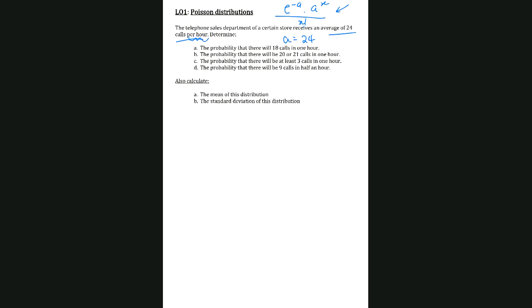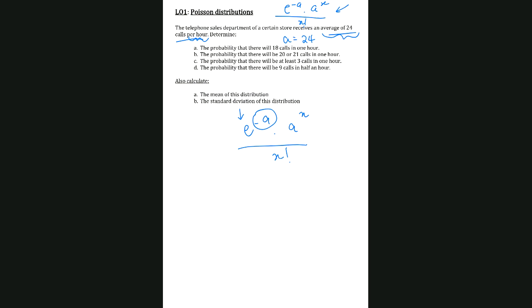So in this formula, e to the power of minus a multiplied by a to the power of x over x factorial, e is automatically entered from your calculator. And then you have minus a, which is naturally going to come from whatever information they provided you with. They will tell you what the average value is.